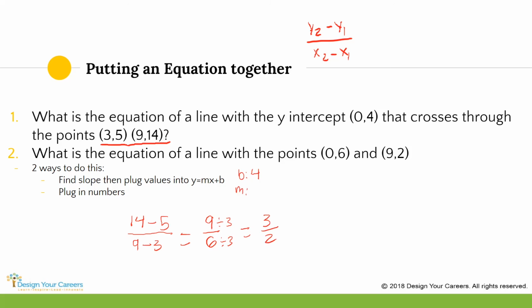Now in fraction form, we cannot simplify this anymore. So this will end up being our slope, 3 over 2. Now looking at this, we have exactly what we need to put in an equation, right? So y is equal to m, which is 3 over 2 in this case, x, positive 4 is a value, so plus 4. All right? So that is the answer for that first question.